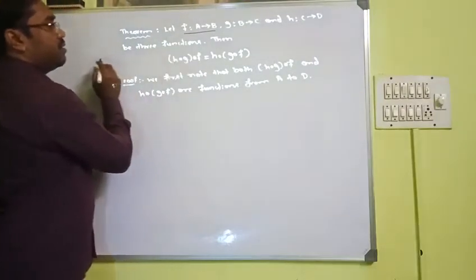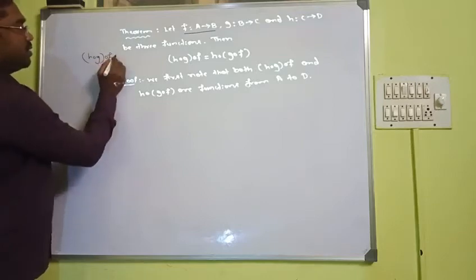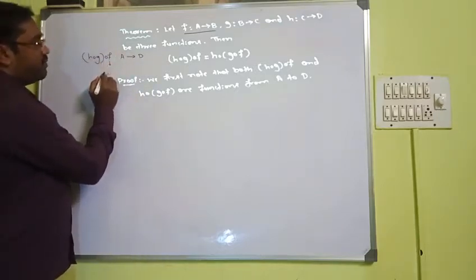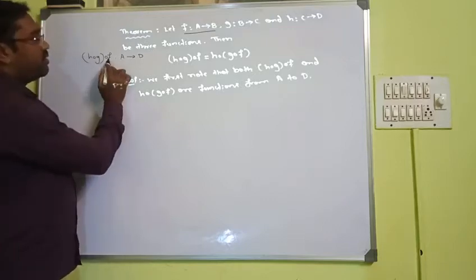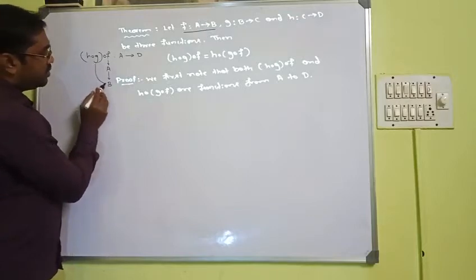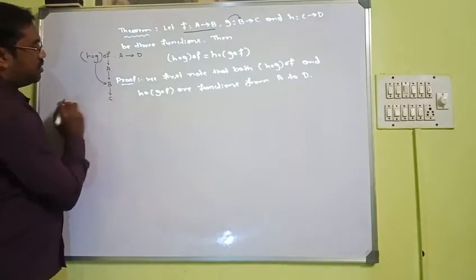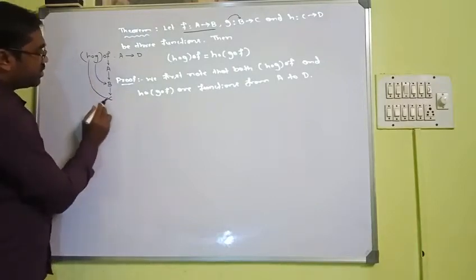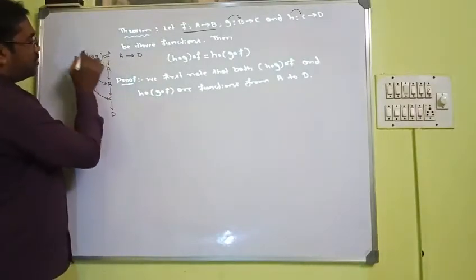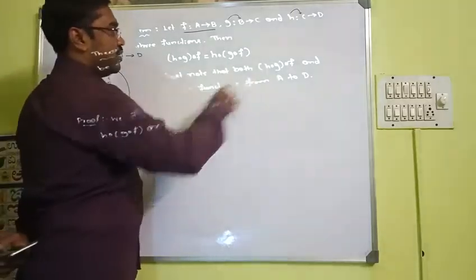See here, if you write this, h∘g∘f will be a function from A to D, because if you apply f on A, you will get B. Then if you apply g on B, you will get C. Then if you apply h on C, you are going to get D. That's why this composition is a function from A to D. So this is what we are saying in this line.